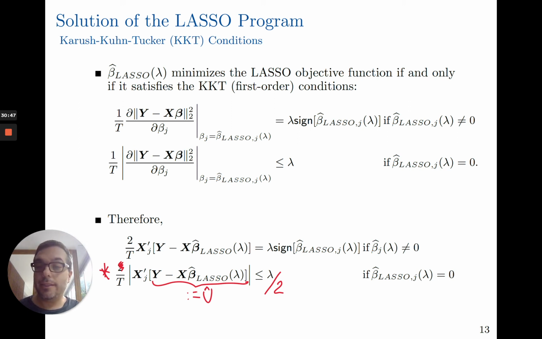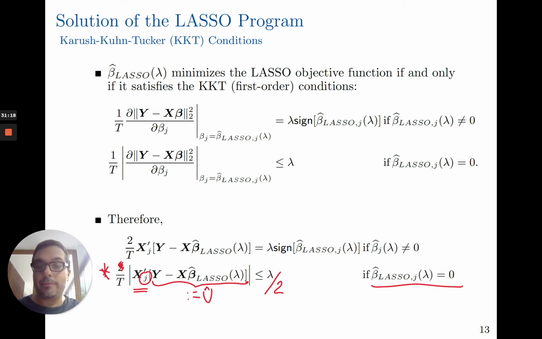Whenever this happens, it's because of the coefficient related to this j variable. So this is the column of the matrix X related to the jth variable. Whenever this happens, it's because the associated coefficient is 0.